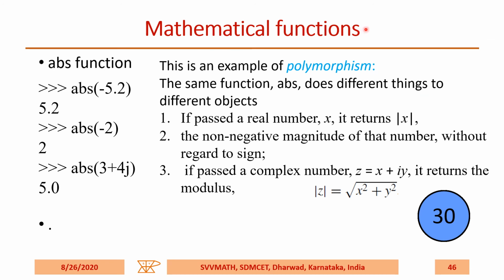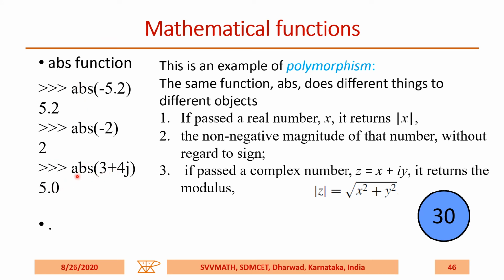Mathematical functions: we have the absolute function. abs of -5.2 gives 5.2, abs of -2 gives 2, and abs of 3 + 4j gives 5.0.